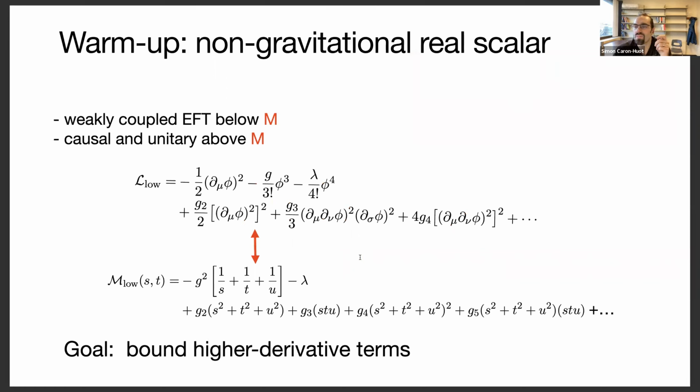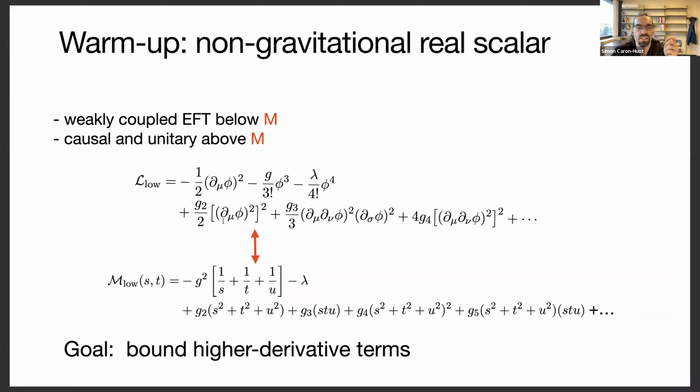I'm going to describe some applications of this very quickly, so that I can go to the new stuff. I talked about this last year at this conference. As a warm-up, you can consider a scalar theory without gravity, the simplest setup, where you assume that it's weakly coupled below the cutoff, but can be anything, though causal and unitary, above the cutoff.